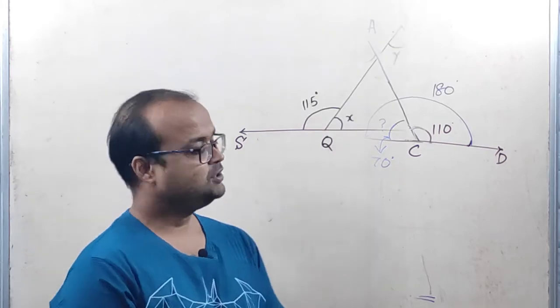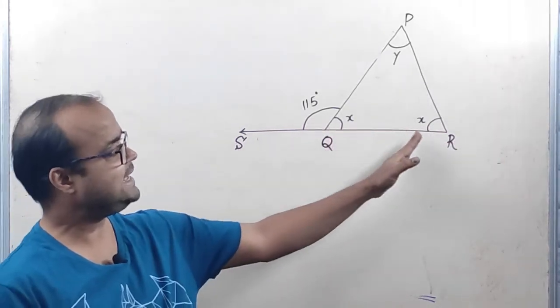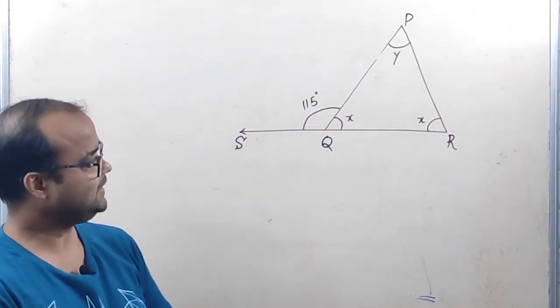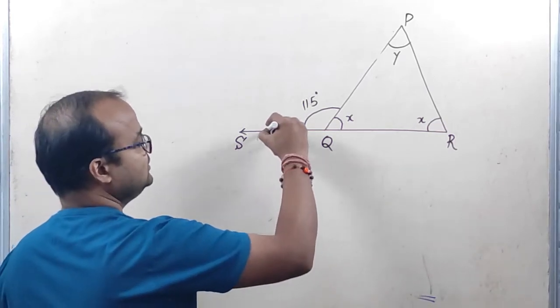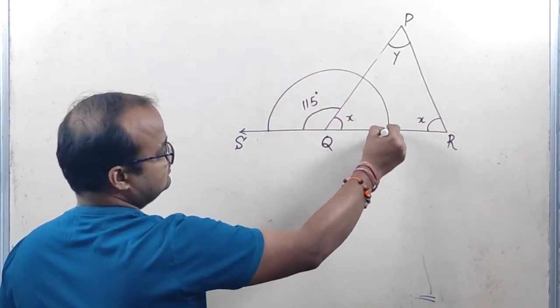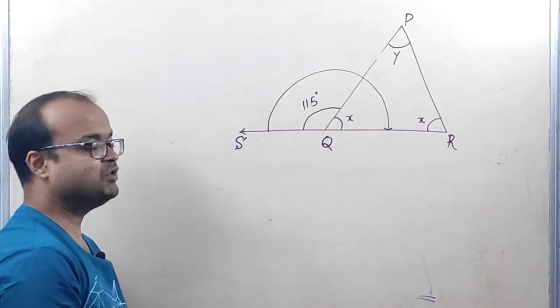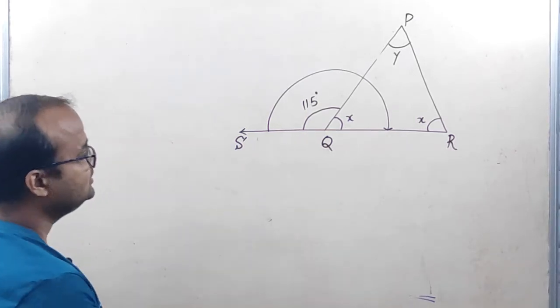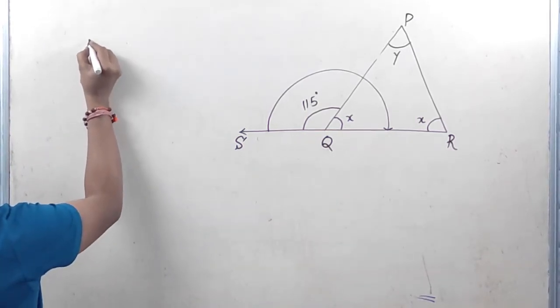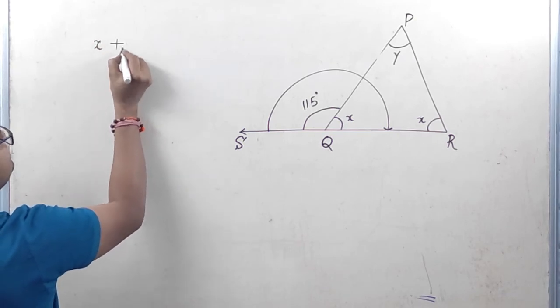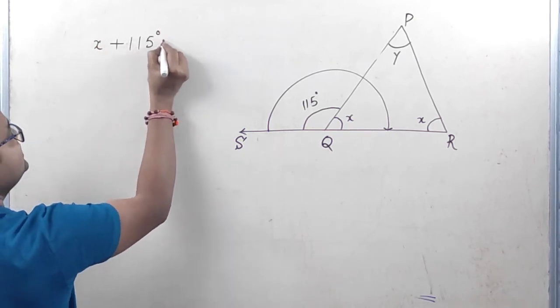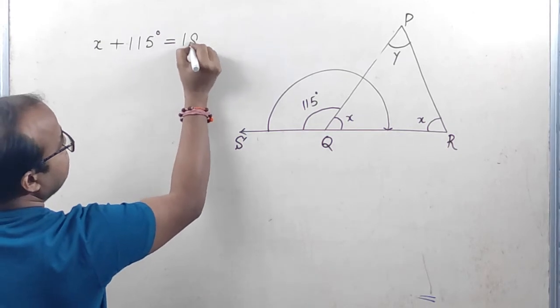Next problem: we need to find x and y. The first thing: the sum of these two angles is 180 degrees. They are a linear pair. So we can say that x plus 115 degrees equals 180 degrees.